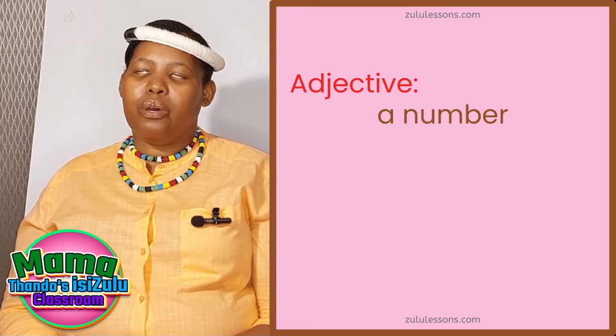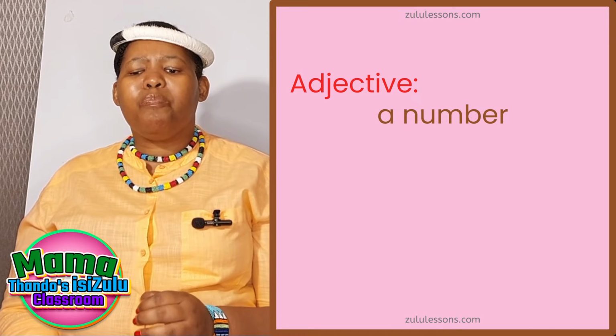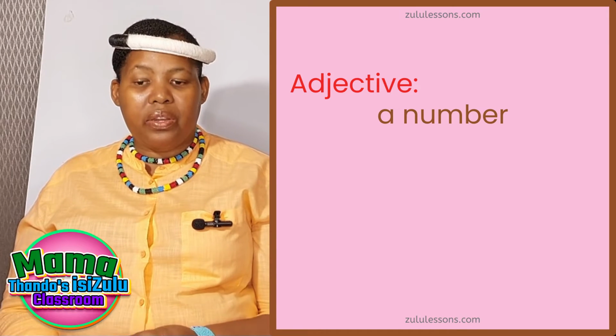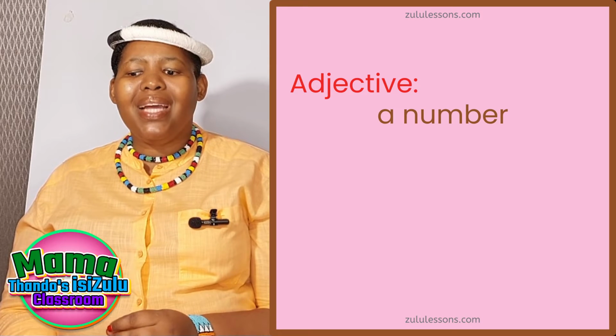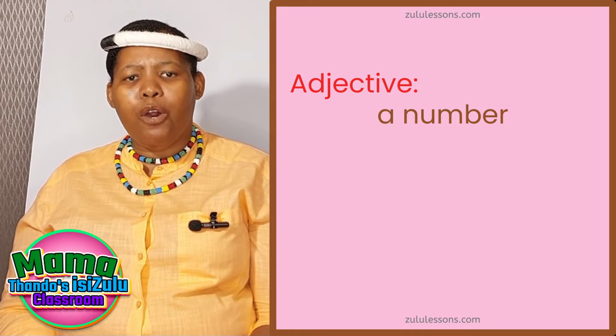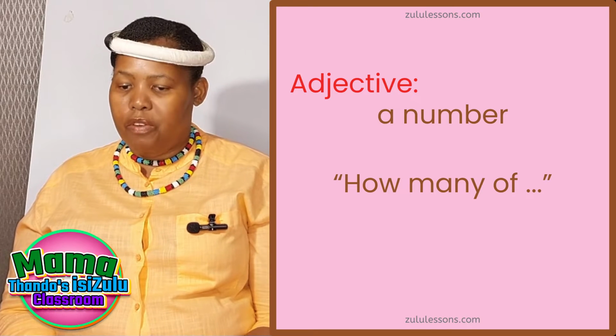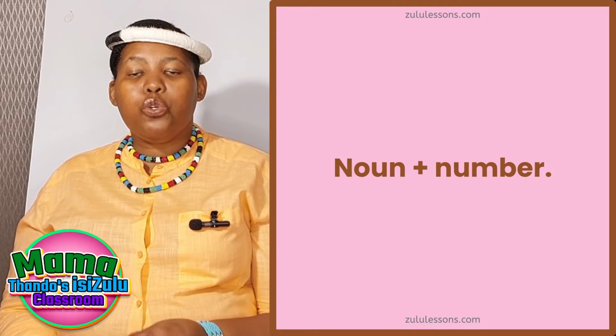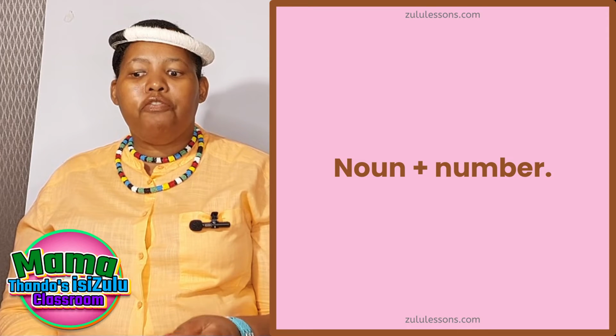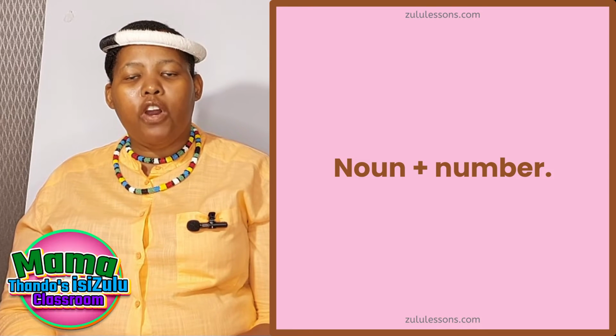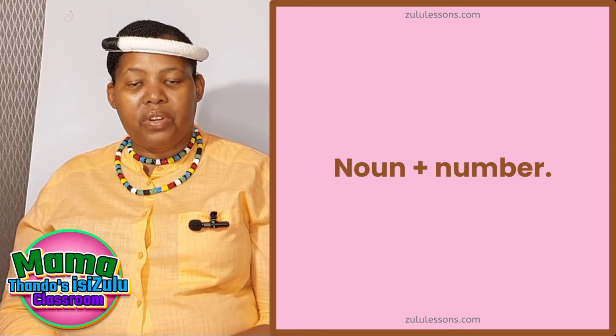In this case, though, the adjective will be the number 3 because we are describing the noun by the number 3, saying there are 3 of this and 3 of that. You will see 2 words. The first will be the noun followed by the number 3.